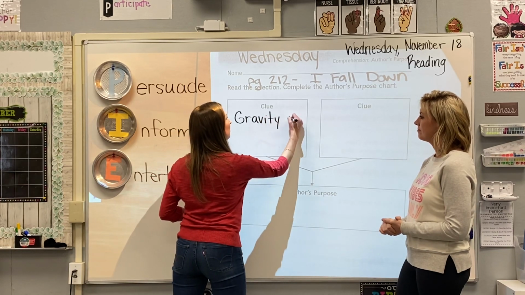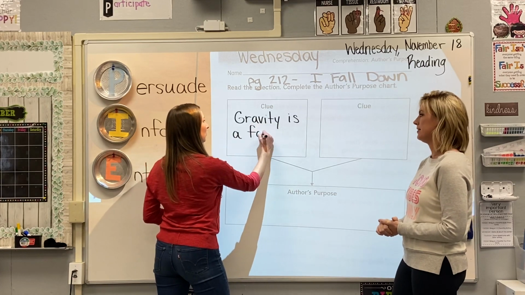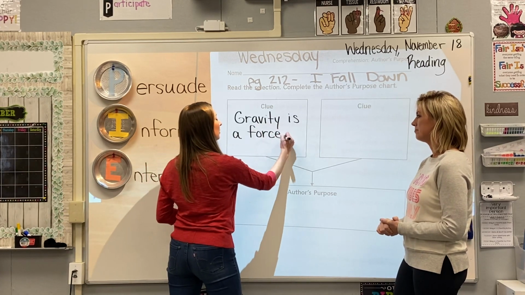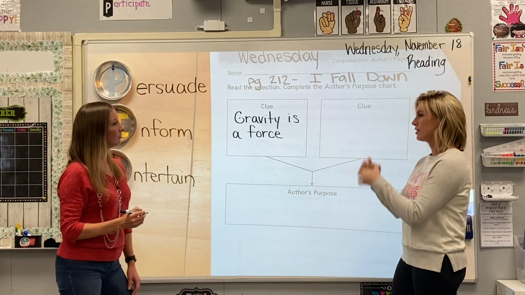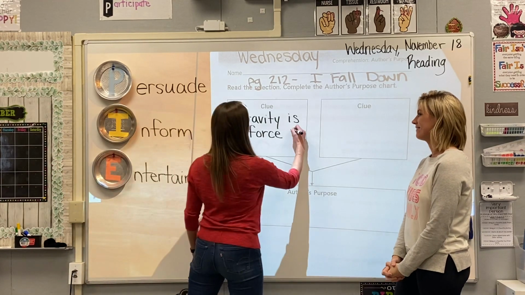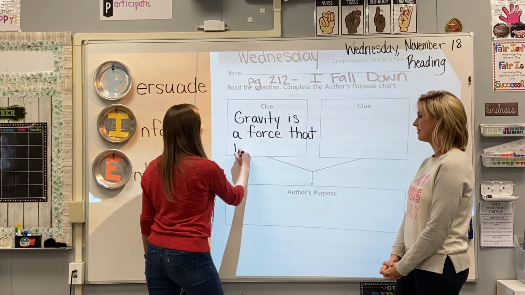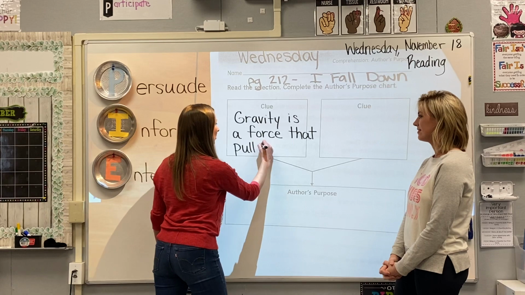Would that be all right? It's almost all right. Gravity is a force that pulls objects. Oh, so I should give a little bit more information. All right. Gravity is a force that pulls objects.